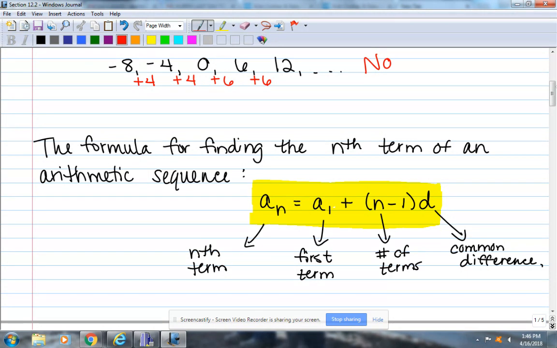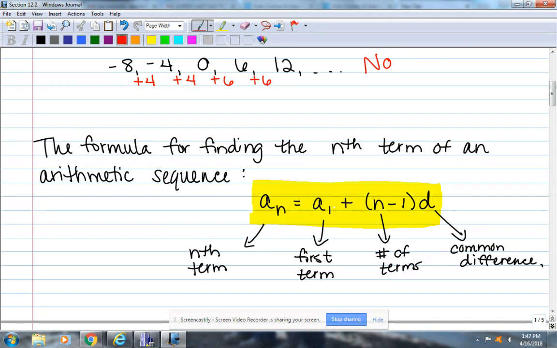A sub n equals A sub 1 plus n minus 1 times d. It's like a little cheer. It kind of gets a little rhythm going. A sub n equals A sub 1 plus n minus 1 times d.